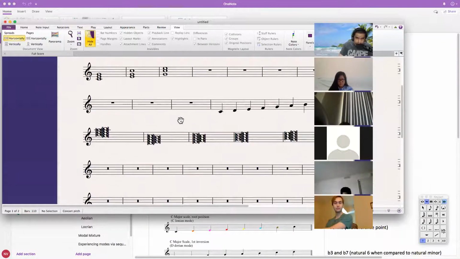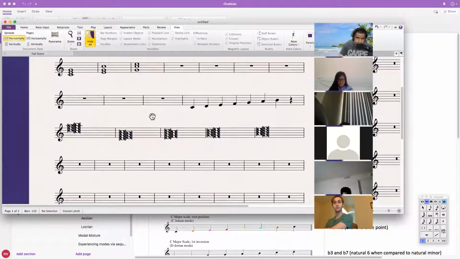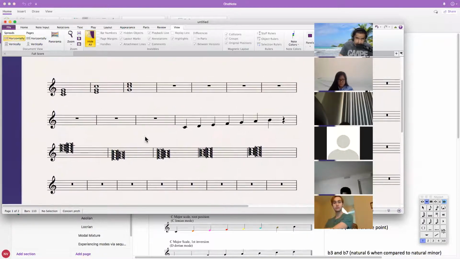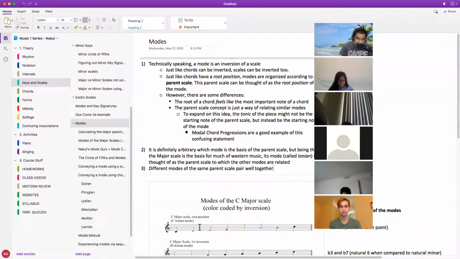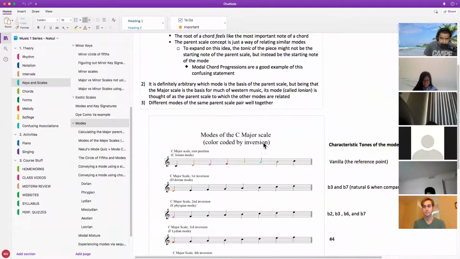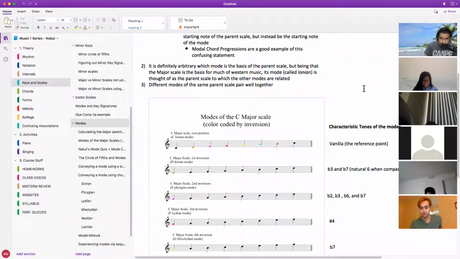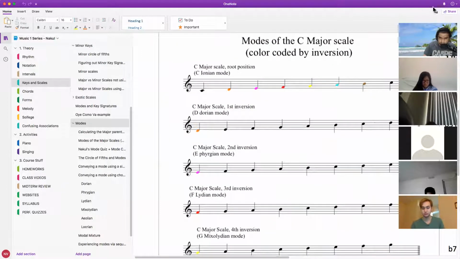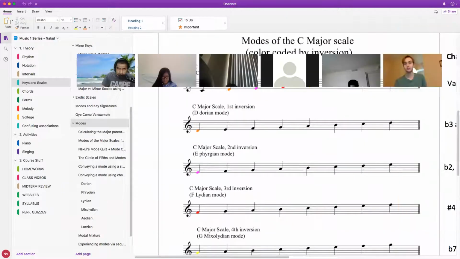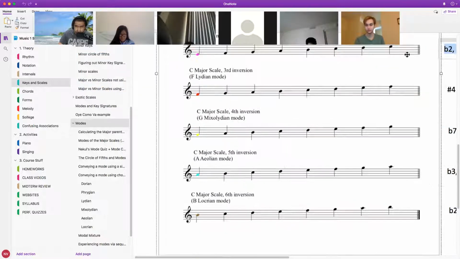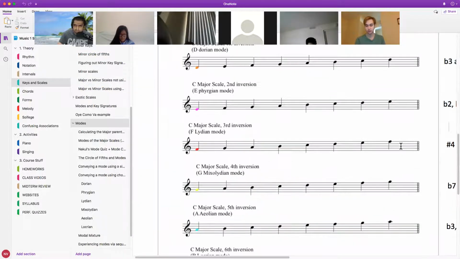So what I'm really doing when I'm inverting these scales is I'm accessing the different modes of the scale, okay? So this is the most classic way to think about this. Let me make this a little bigger. I've kind of color-coded this for you guys.